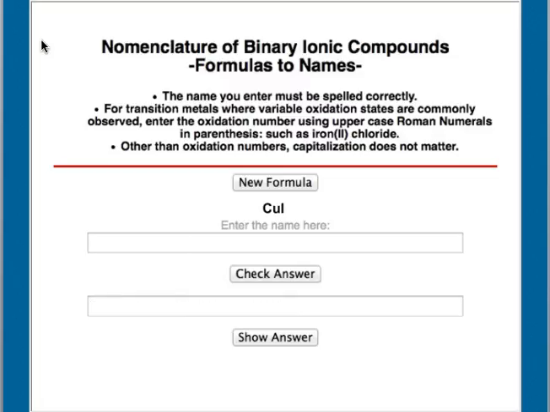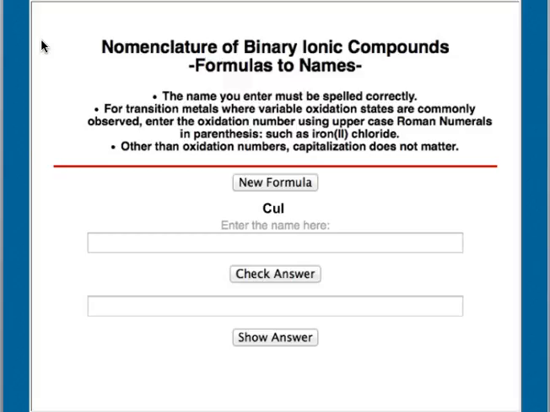CuI. Step 1, is it a transition metal? Where does copper live? You can barely see it, but I think it's living about right there. It's a transition metal, so we have to put the oxidation number in. Now what will it be? Iodide.